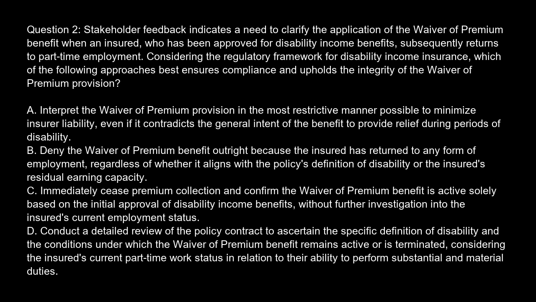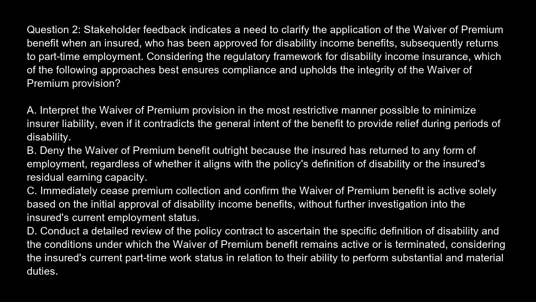Option B. Deny the waiver of premium benefit outright because the insured has returned to any form of employment, regardless of whether it aligns with the policy's definition of disability or the insured's residual earning capacity. Option C. Immediately cease premium collection and confirm the waiver of premium benefit is active solely based on the initial approval of disability income benefits, without further investigation into the insured's current employment status.